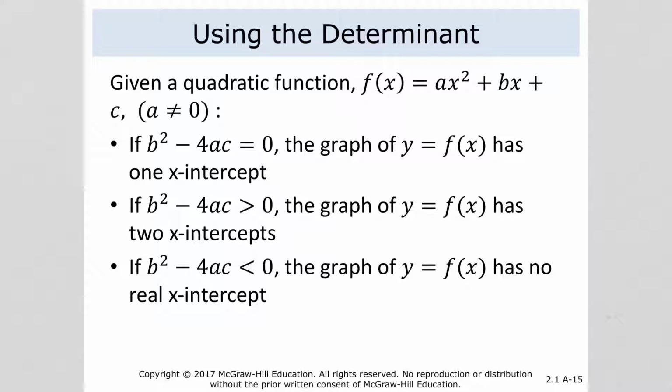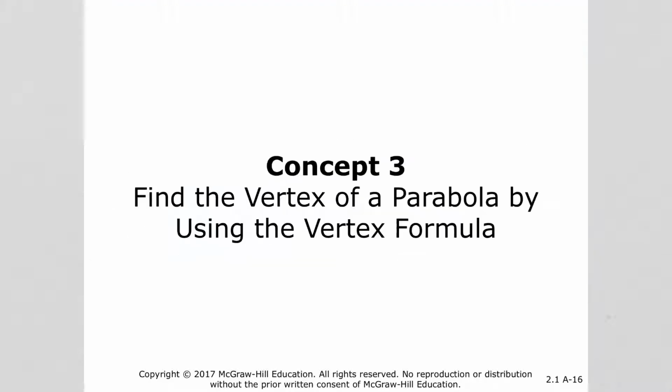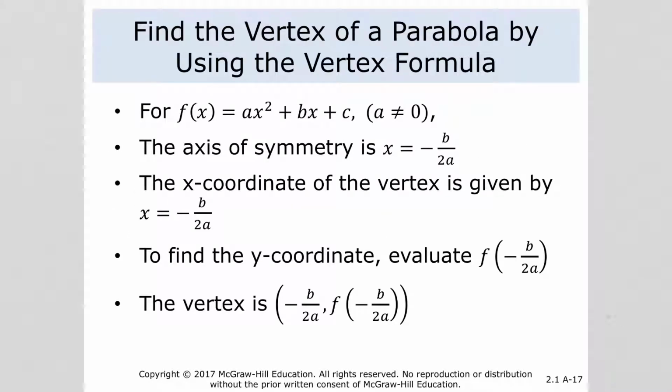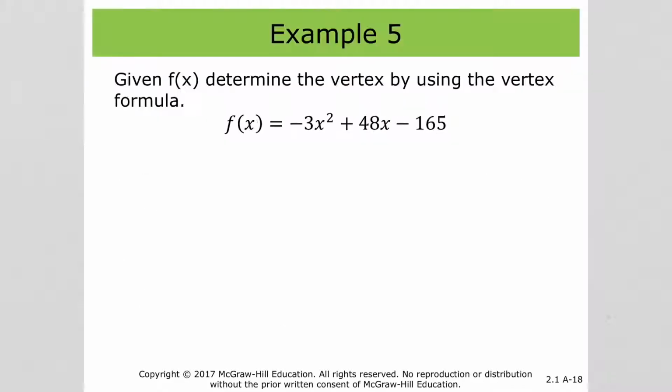If it is negative, well, there's no real x-intercept because you can't take the square root of a negative number. So this is just pointing out that that number is called the discriminant, and we'll use it in example 5. We'll go back to that. So determine the vertex.